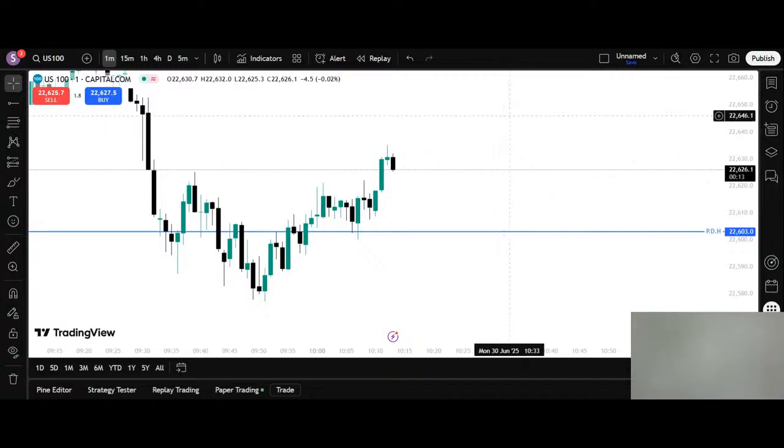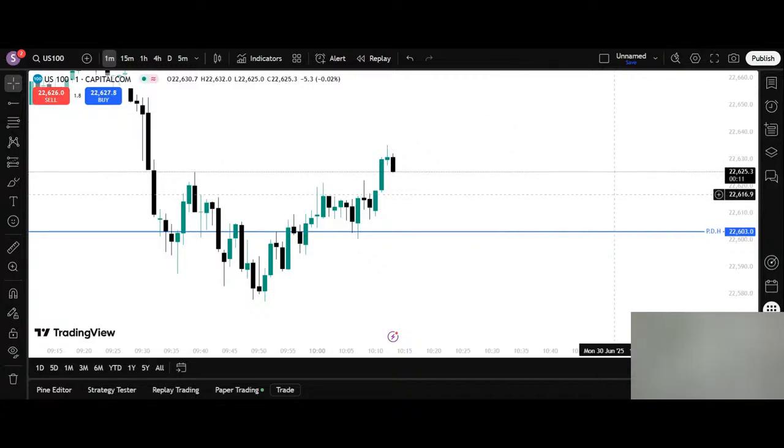We could expect a sell around 1050, 1045. The 15-minute candle is close. It's going to close in 1 minute.